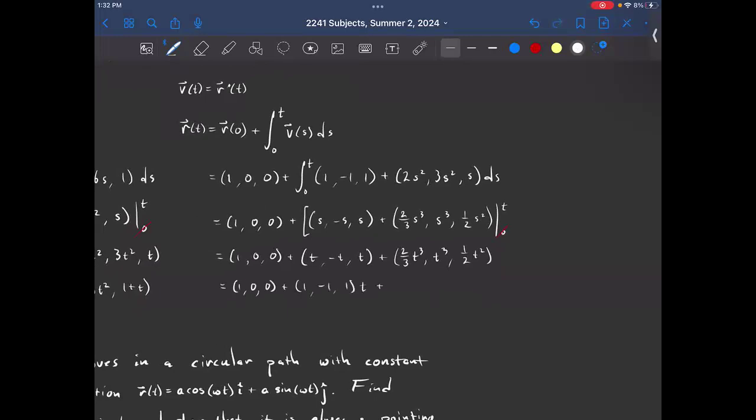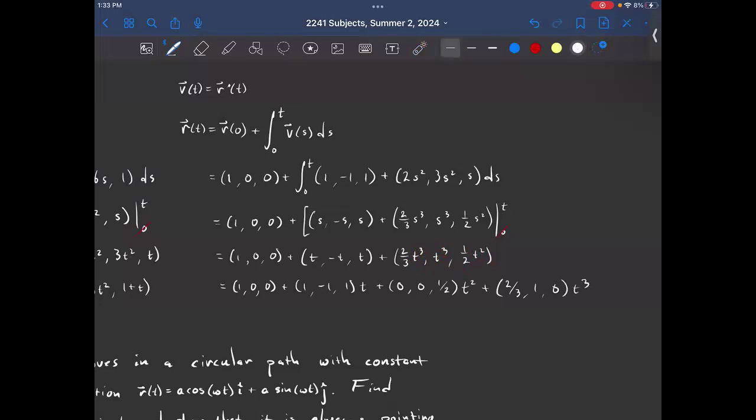t, plus, all right, now I need to split this vector into two pieces because it contains parts that have t cubed and parts that have t squared. So I'll write 0, 0, 1/2 t squared plus 2/3 1, 0 t cubed.